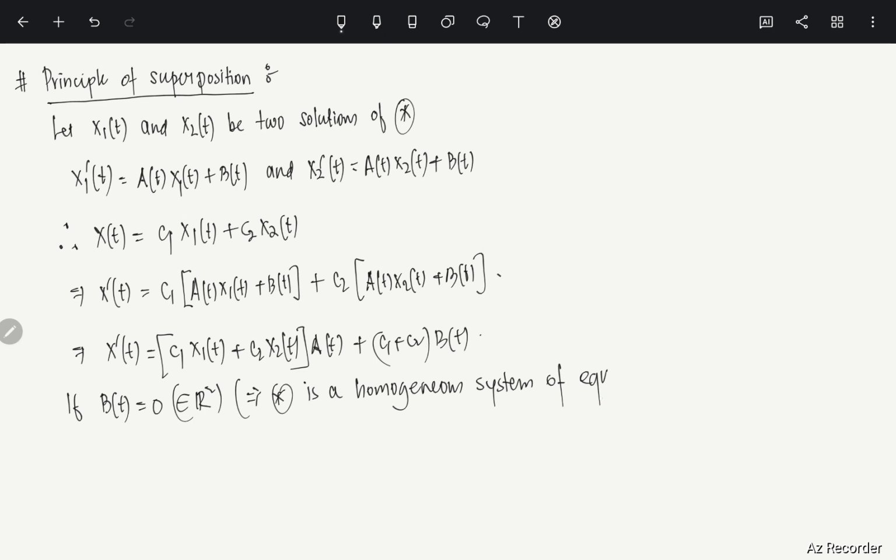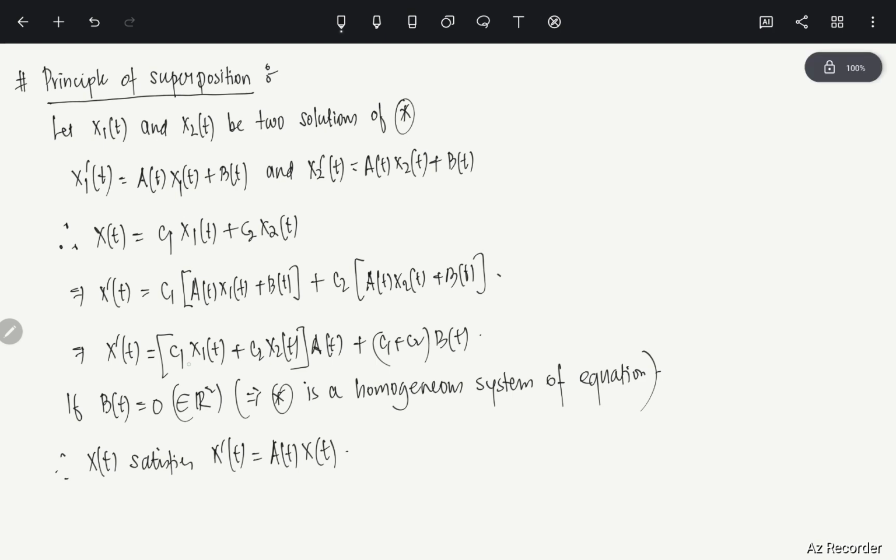Then what does it say? You see, x(t) satisfies x'(t) equals A(t) times x(t).